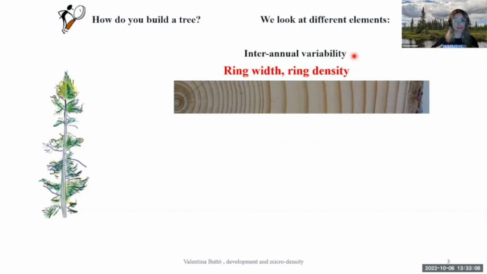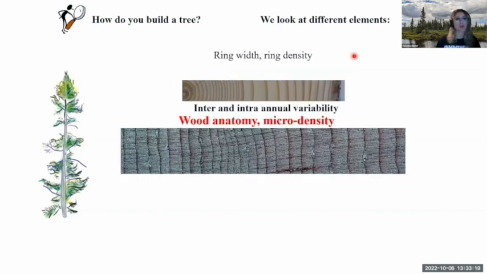These are the two main proxies used to study tree growth, and they provide information about interannual variability in tree growth. But we might be interested in knowing what happens during the growing season, then the intra-annual variability of tree growth, because we know that especially in cold forests, the growing season occurs in very specific moments of the year.